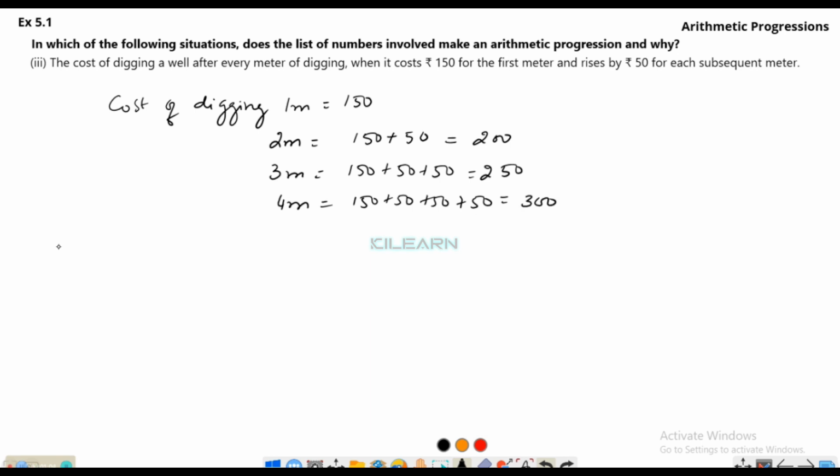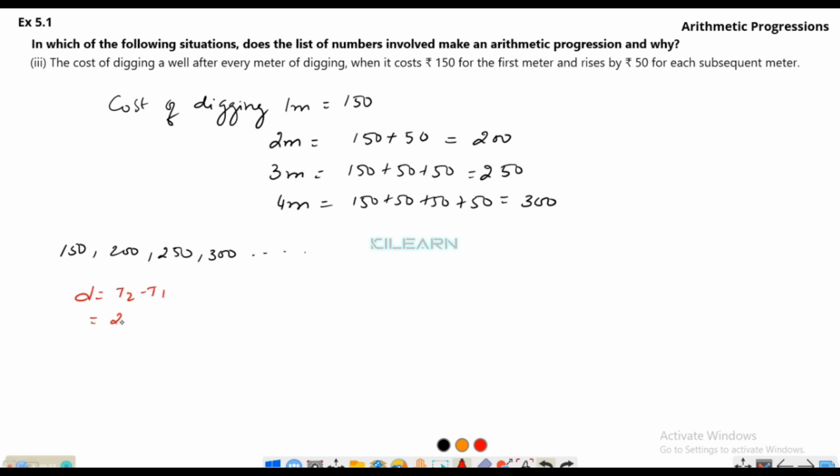So now we got an AP: 150, 200, 250, 300, and so on. The cost of 1 meter is 150 rupees, 2 meters is 200, 3 meters 250, 4 meters 300. Now how do you find whether it's an AP or not? Again we use the difference formula, T2 minus T1.